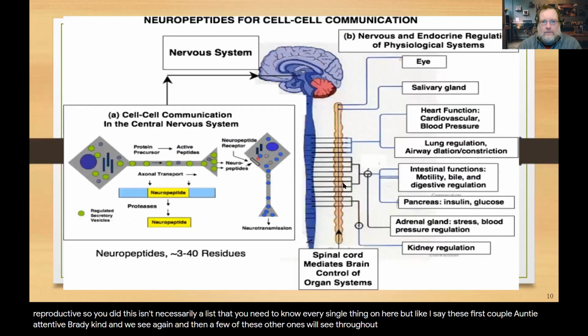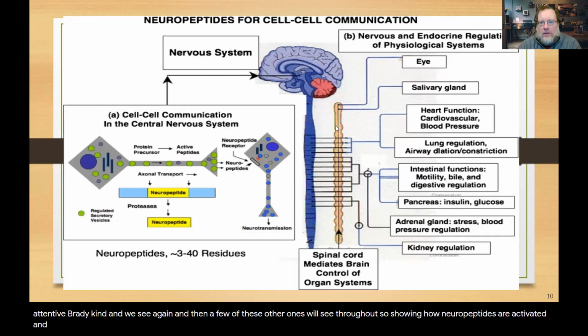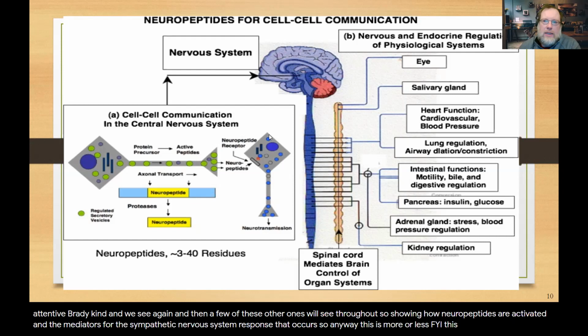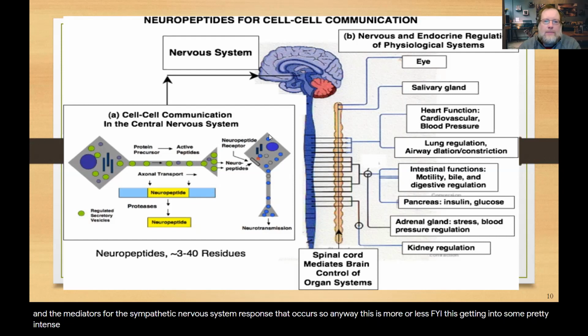It's just showing how neuropeptides are activated and the mediators for the sympathetic nervous system response that occurs. So anyway, this is more or less FYI. This is getting into some pretty intense organic chemistry over here.